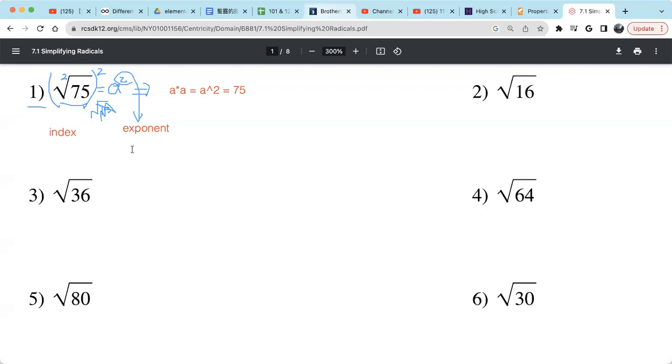Some people say power. Sometimes we say A raised to 2. There are many different ways to call it, but this 2 is the exponent of A, and the other 2 we call the index.